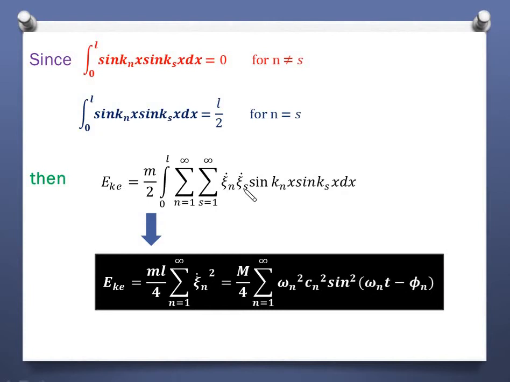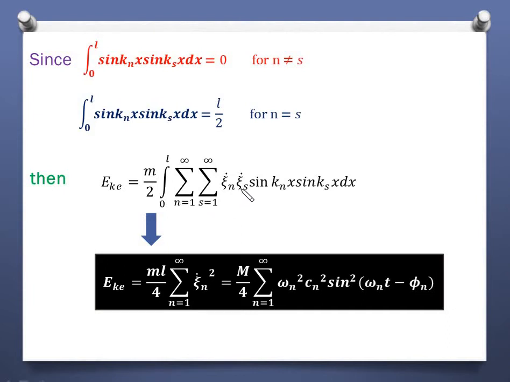So in that scenario, this xi dot s becomes xi dot n, and this integration will give us L over 2. That's why, we have m by 2 is already there, so we will have L over 2 summation over n equals 1 to infinity. Xi n dot was one, xi n dot was existing, another came from this term because we are running over this summation s equals 1 to infinity.